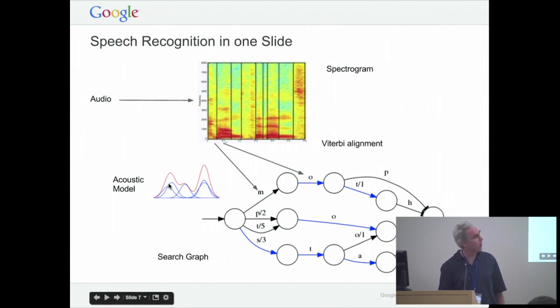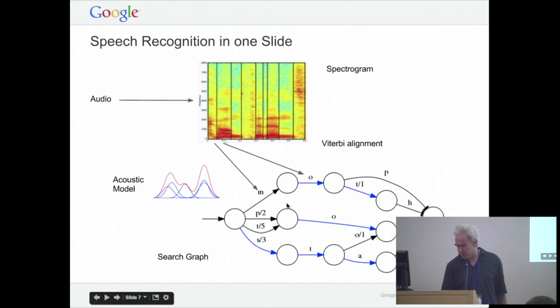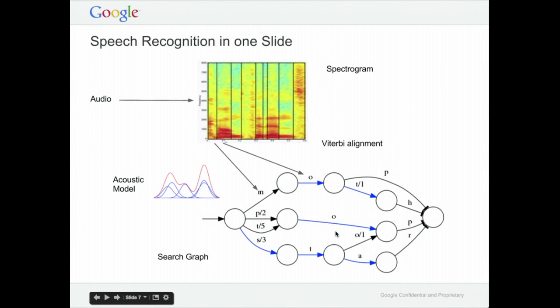The features are modeled using an acoustic model, a Gaussian mixture model, which models the acoustic space in a hyperdimensional space. Then using the language model, which is like the grammar of English, and the pronunciation model, which covers the basic sounds of English, we create this graph. It contains moth, mop, pop, top, all the different ways of saying words.